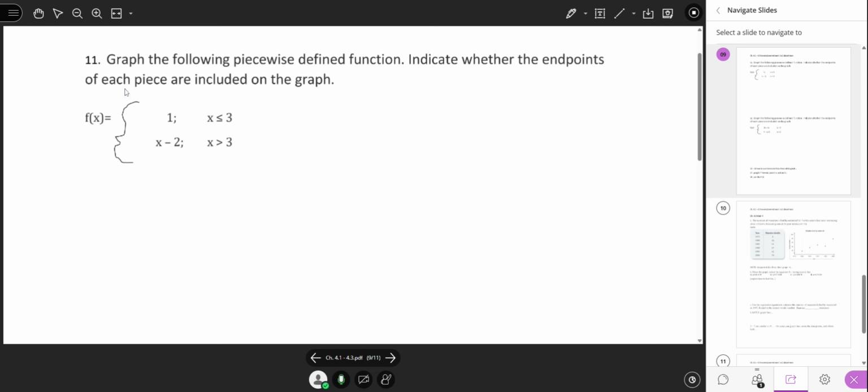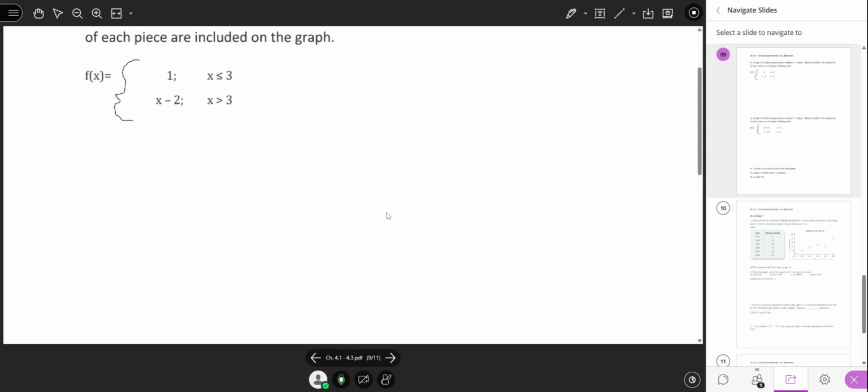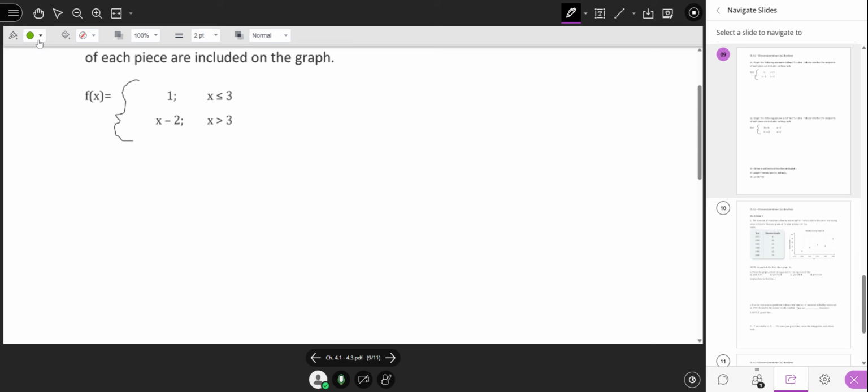Indicate whether the endpoints of each are included on the graph. All right? Your dividing point is x equals 3. Now, I am going to go ahead and kind of graph this for you.